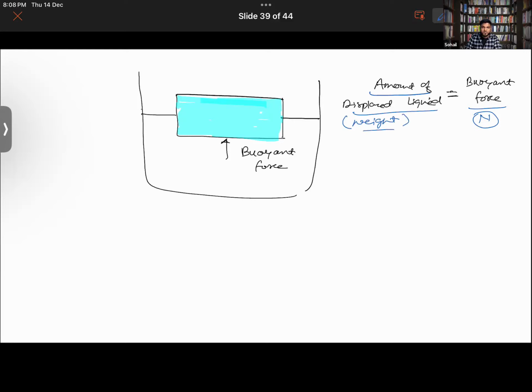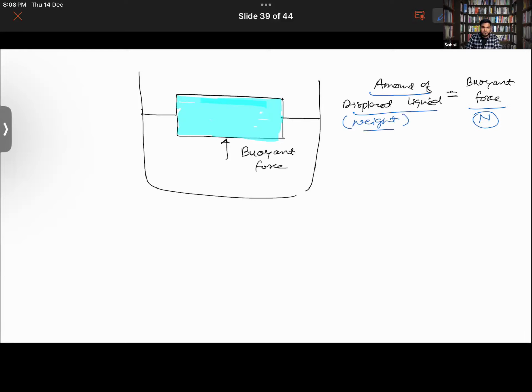Now there are three cases which happen. If the buoyant force acting on this object is equal to the weight of the body, you have to consider this.